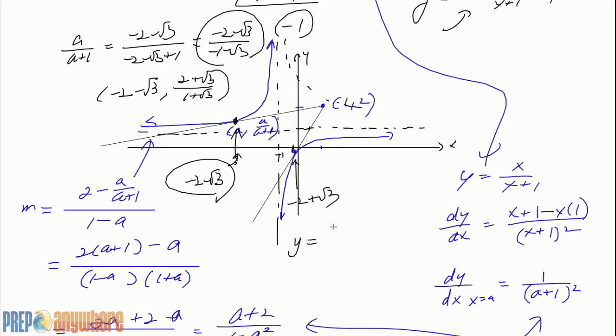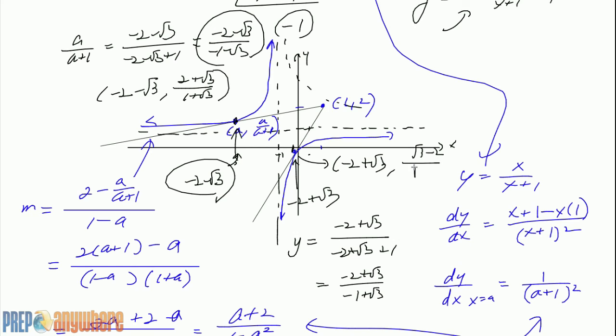So minus 2 plus root 3 over minus 2 plus root 3 plus 1, which is minus 1 plus root 3. So that coordinate right there is, I'm just going to write it as root 3 minus 2 and root 3 minus 1. So that's the other coordinates. These are the two points where the tangents are touching.